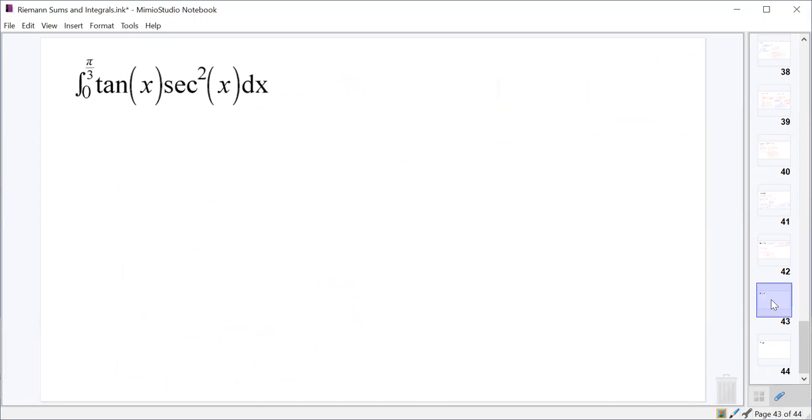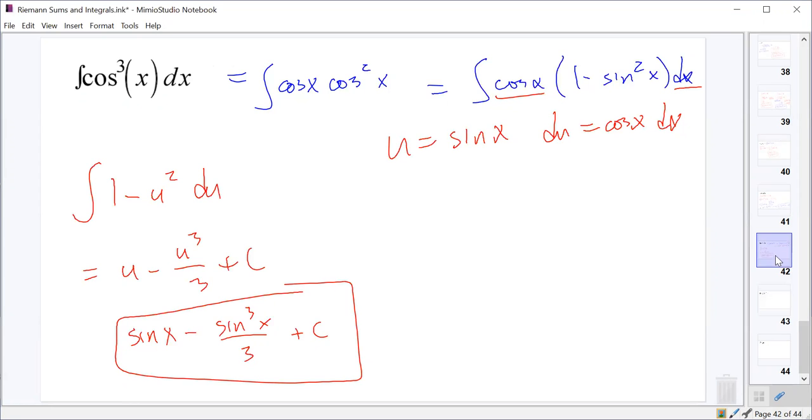Yeah, exactly. We separated the cosine x and the sine 2x cosine x. I see. You did cosine x minus cosine x sine squared x.